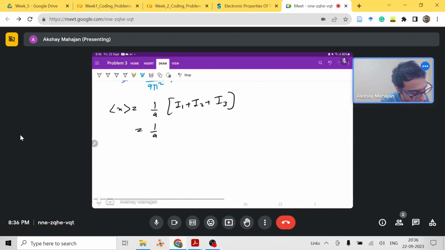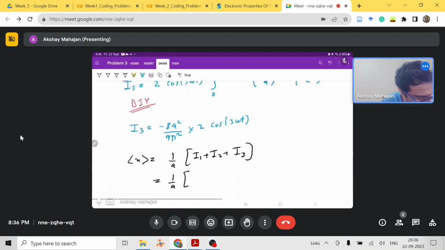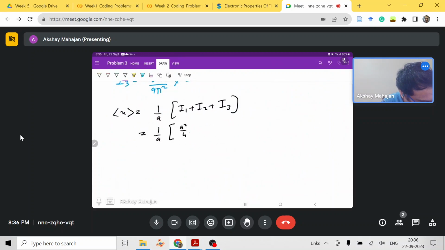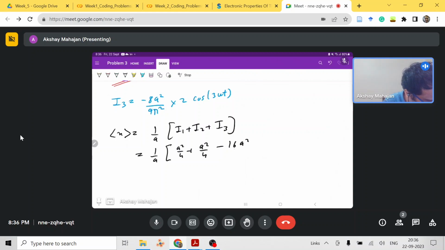Alright, so it will be 1 by a times I1. Now I1 is equal to a square by 4, I2 is also a square by 4, and I3 is equal to minus 16 a square upon 9 pi square cos of 3 omega t.